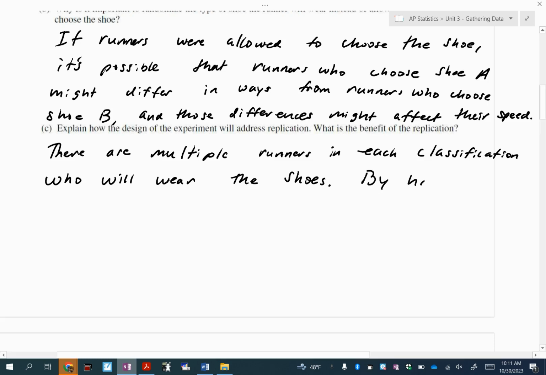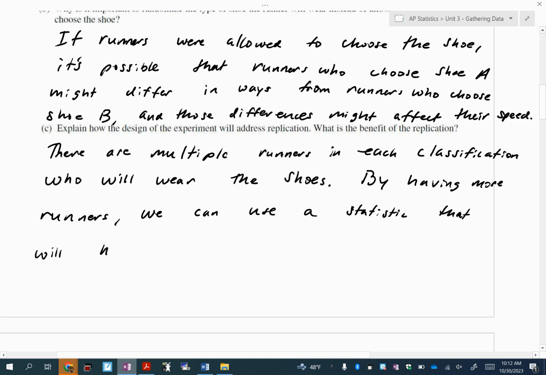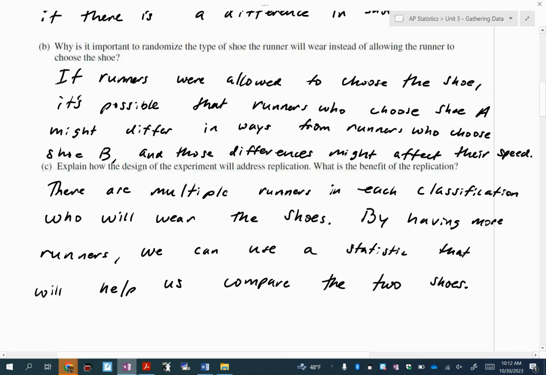By having more runners, we can use a statistic that will help us compare the 2 shoes, right? And when I say statistic, I'm talking about an average or a median. All right, so that's it for the first one.